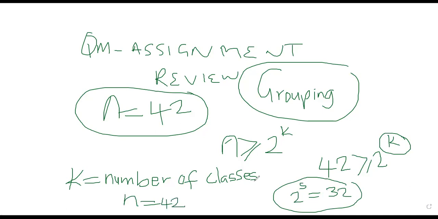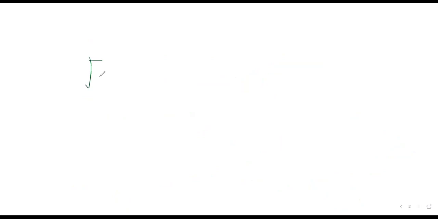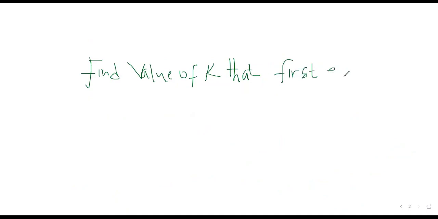We need to find the value of k such that when we raise 2 to that power, it exceeds 42. So when k is 5, it is equal to 32.